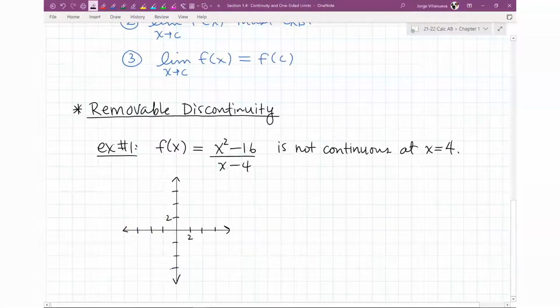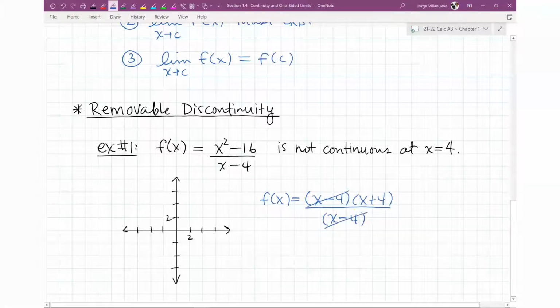So if I were to graph this, my actual graph would look like this. Let me simplify. f of x is equal to x minus 4, x plus 4 over x minus 4.